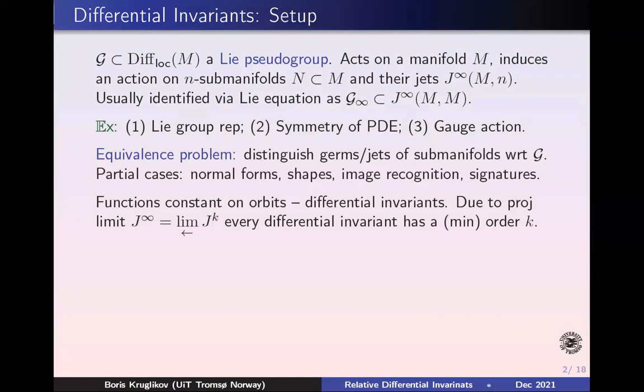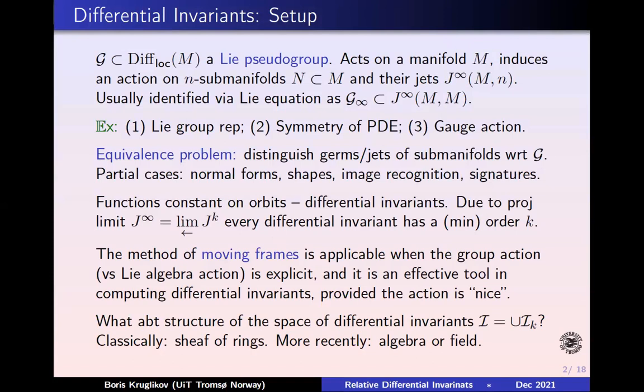Now, the main tool for this is differential invariants, and these are functions constant on the orbits of the action. So we will consider orbits of the action on jets of submanifolds. Structures are encoded in the same way. Every function will depend only on finitely many arguments, so it's actually taken from a finite jet order, and then we take a projective limit. So it will also be considered as a function on infinite jets in this way.